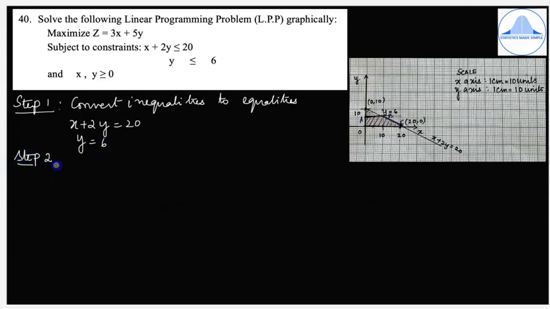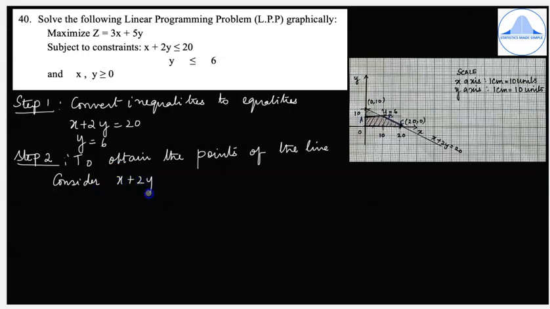Step 2, to obtain the points of the line. Consider the first equation, that is x plus 2y is equal to 20. Put x equal to 0. You get 2y is equal to 20, which implies y is equal to 20 divided by 2 equal to 10.